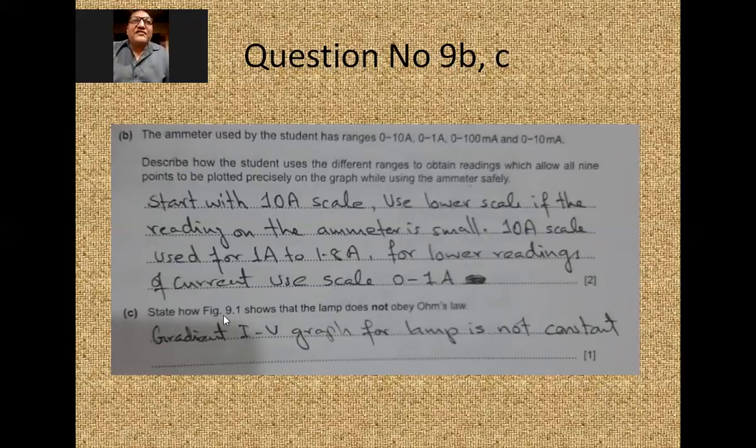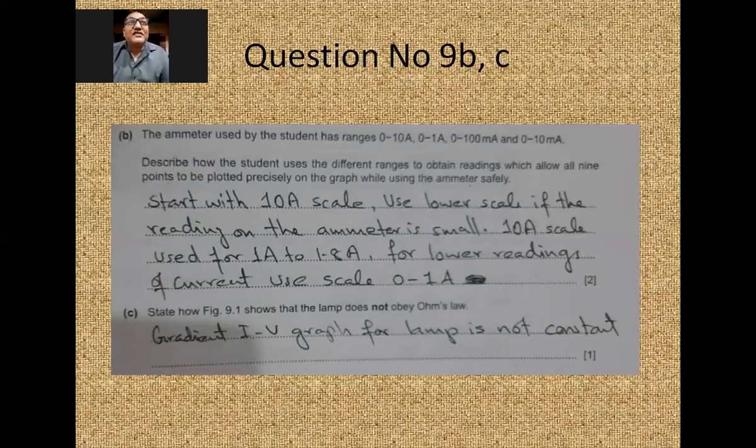Then he says, state how figure 9.1 shows that a lamp does not obey Ohm's law. Very easily, for things which obey Ohm's law, the IV graph is always a straight line. The gradient remains constant. But the graph for our filament lamp is not a straight line. Its gradient is not constant; it is changing.